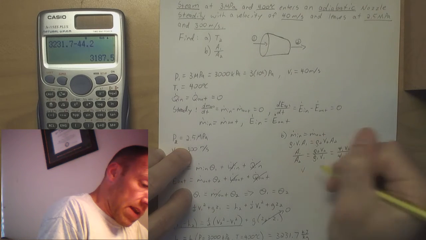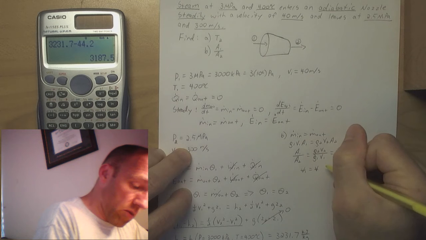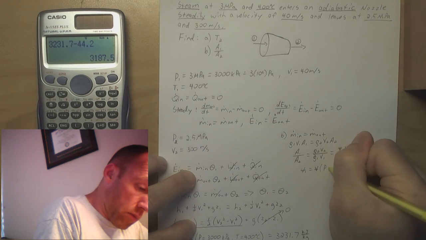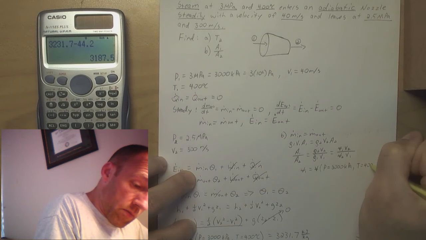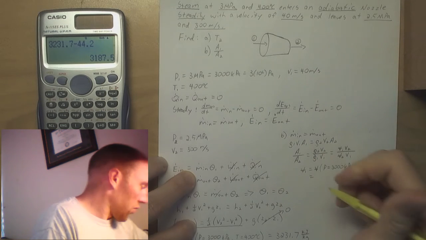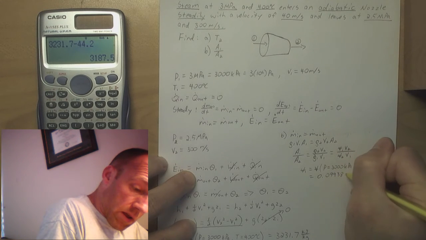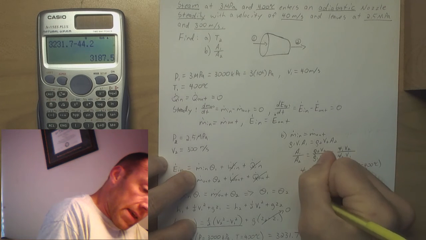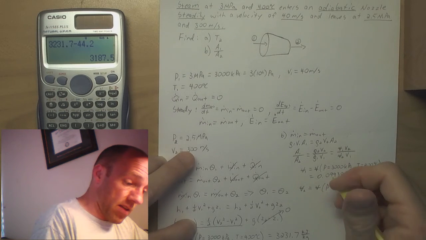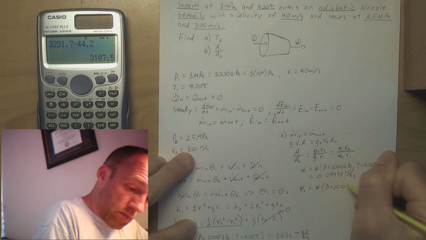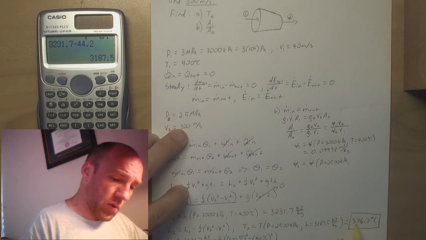Okay, and so I have all the properties I need. So specific volume 1 is equal to the specific volume as a function of pressure, and that equals, and likewise specific volume 2 is a function of the pressure at the exit, and we could use temperature if we wanted to.